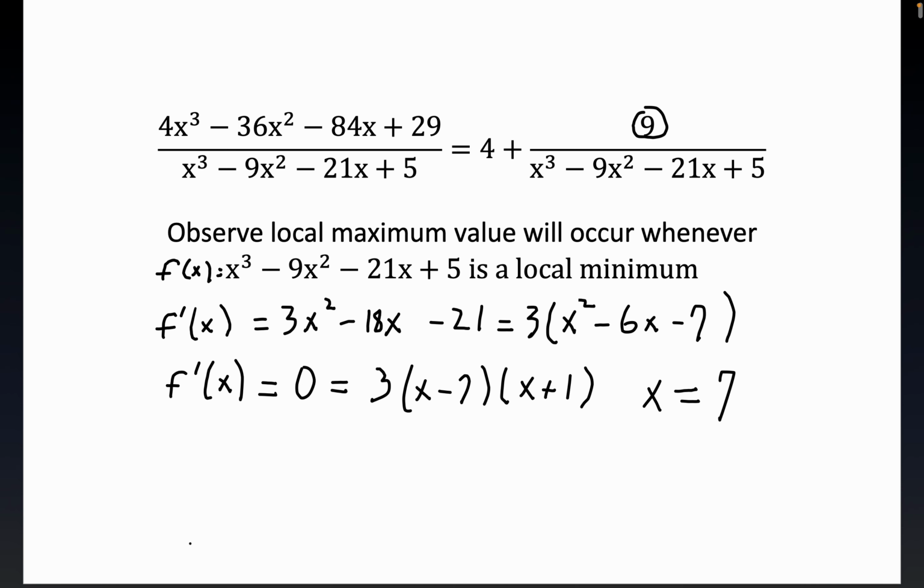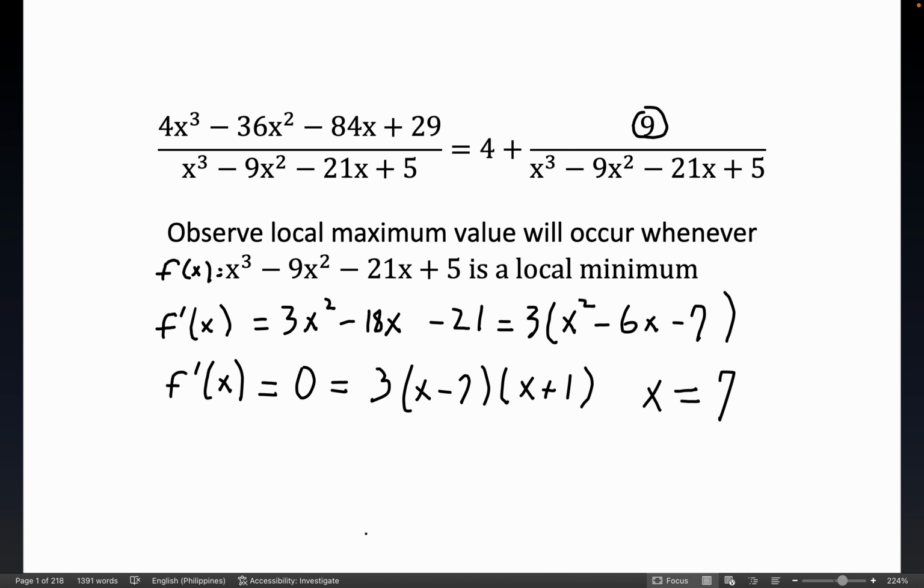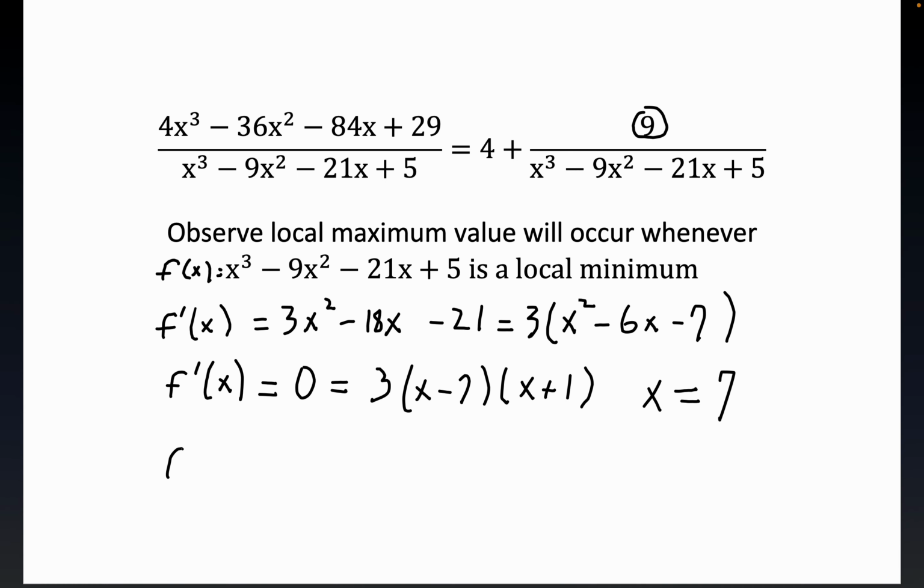So let's see what we got. f double prime. We're aiming for the second derivative test here, folks. So f double prime of x is equal to 6x minus 18.